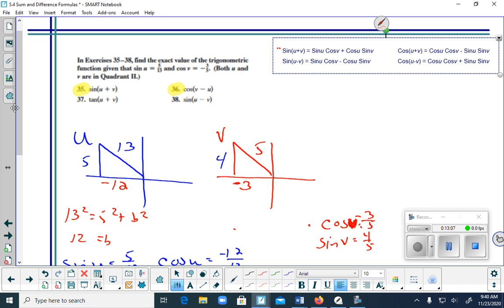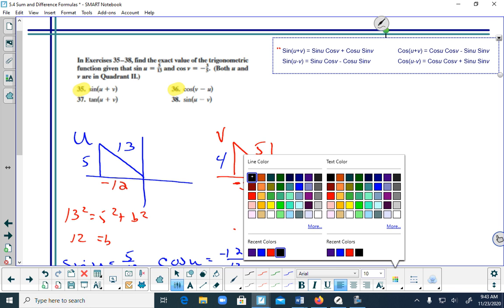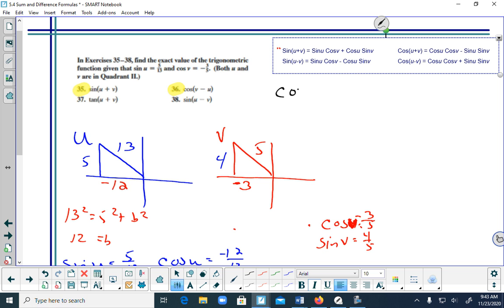Now I'm going to go ahead and find the cosine of v minus u. I'm going to try and squeeze this one up here where I can still see my values. So the cosine of v minus u will be the cosine of v, because I changed the order of v and u here, times the cosine of u, plus the sine of v times the sine of u.